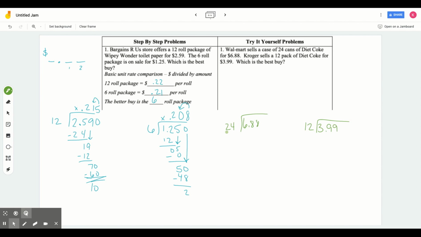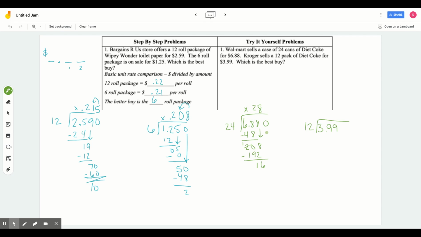Now, as you've been dividing, 24 can go into 68 2 times, and 24 times 2 is 48. 20 left over. 24 can go into 208 8 times. 24 times 8 makes 192. 8 take away 2 is 6. Borrow from the 2. 10 take away 9 is 1.